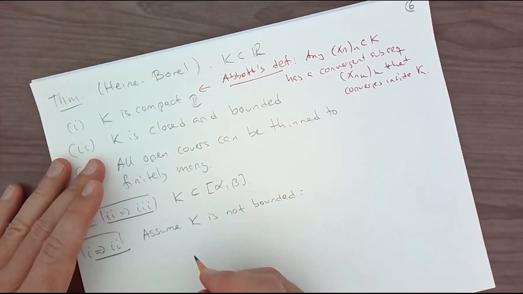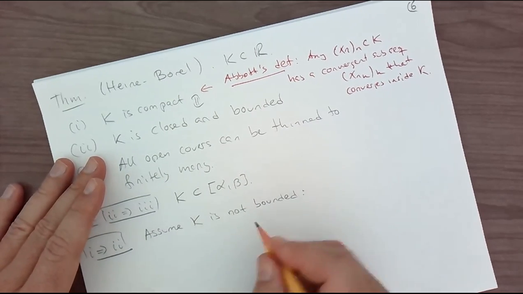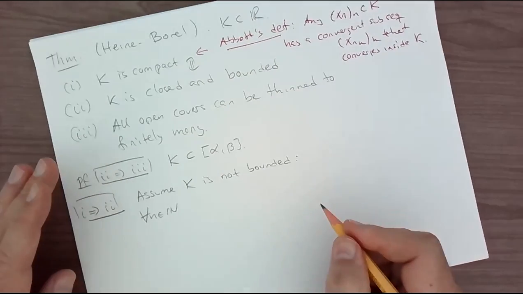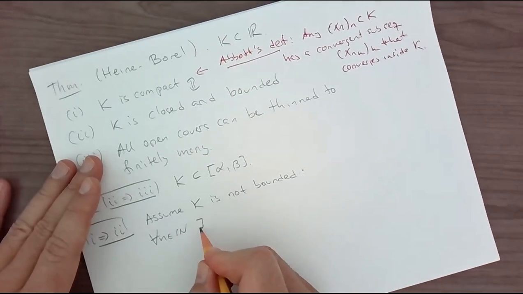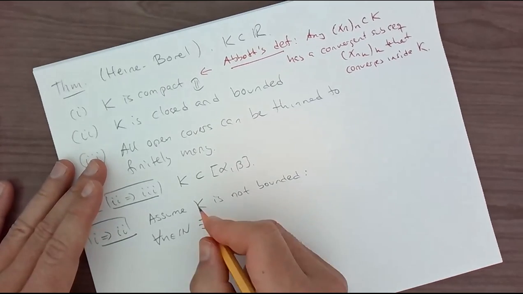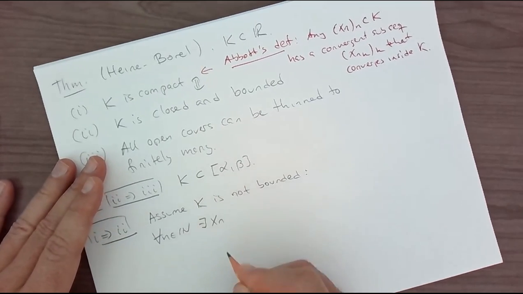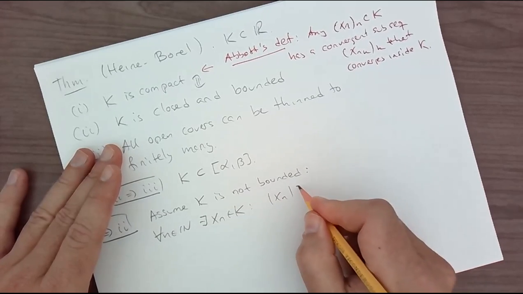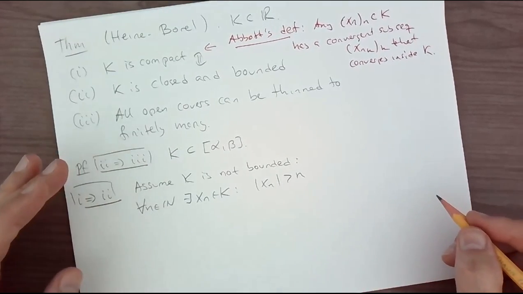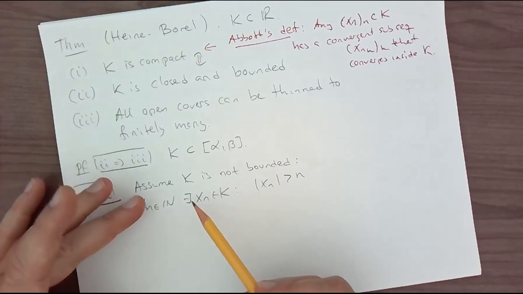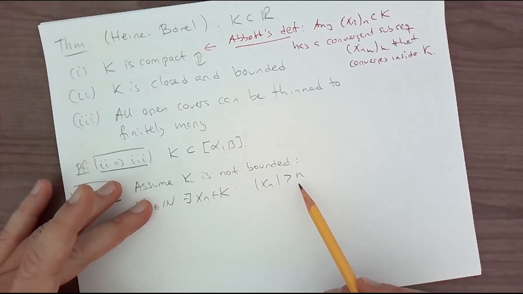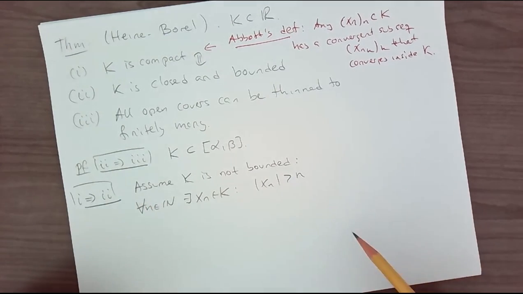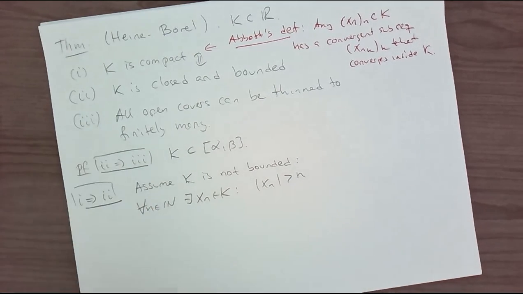So what does it mean that you're not bounded? Well, you take any big number, I can find something inside here, so we call that xn, such that xn is big. If it's not bounded, then you give me any number you want, I can find a point inside the set that is even bigger.